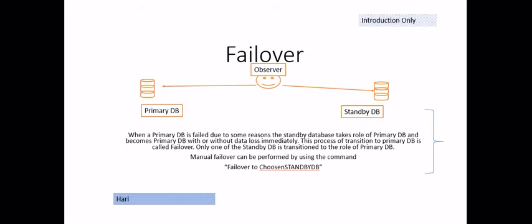This process of transition to primary DB is called failover. A failover is unintentional, unplanned downtime. There can be data loss or no data loss, but the failover will take place immediately. A manual failover can be performed by using the failover command to any chosen standby DB.